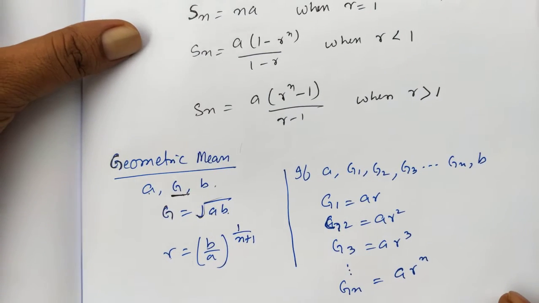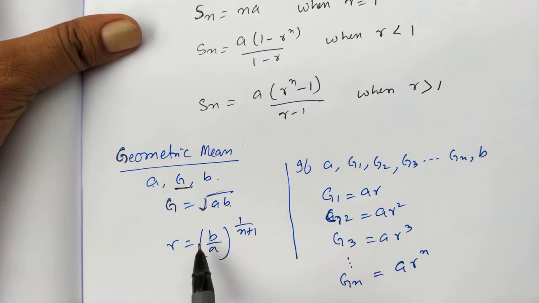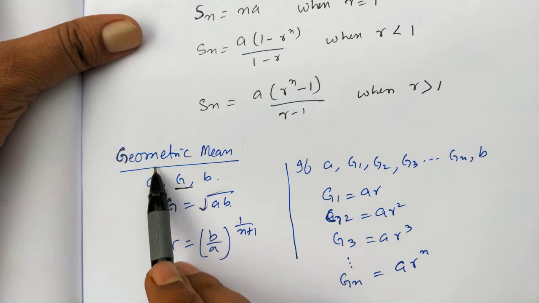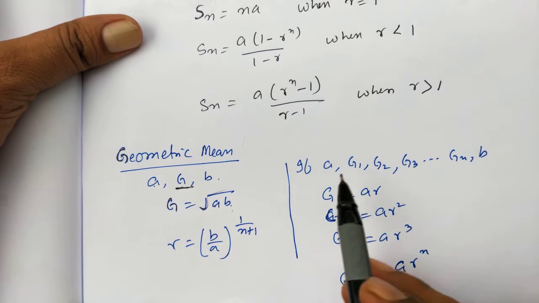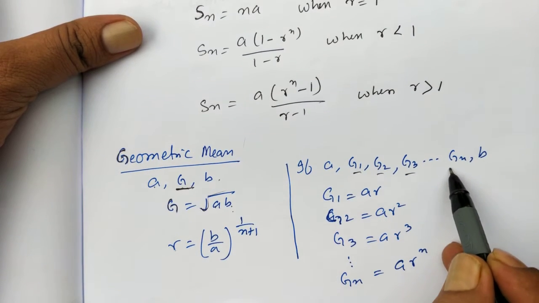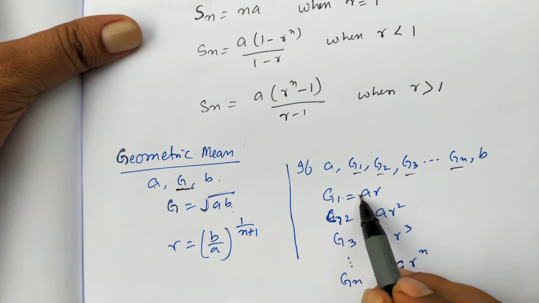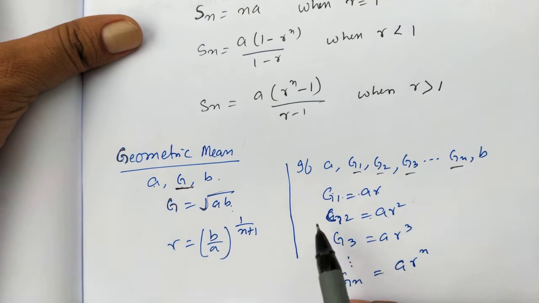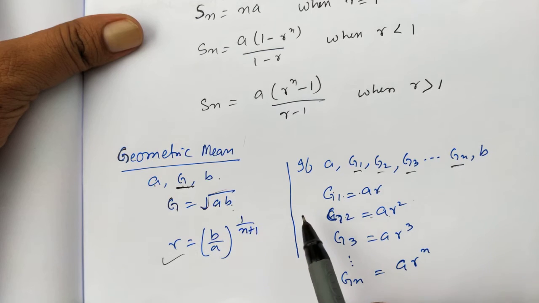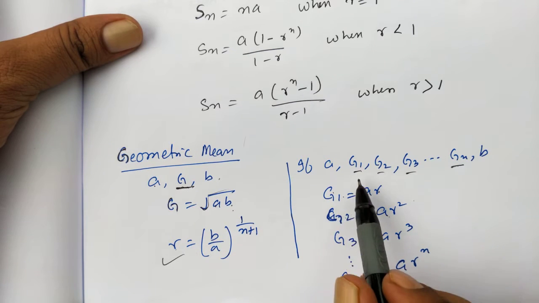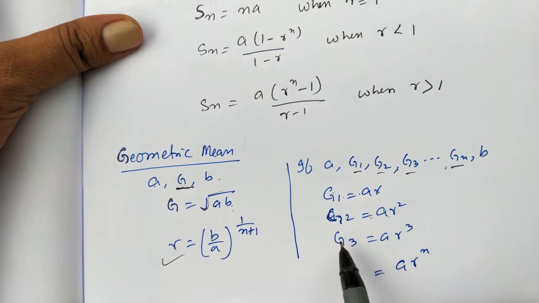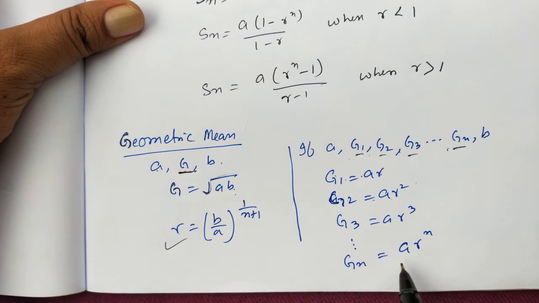If G is the geometric mean, we have this one, but if we have G1, G2, G3 till Gn, then G1 is ar, G2 is ar square. We can find r using this formula, and we can find G1, G2, G3 till Gn using this formula.